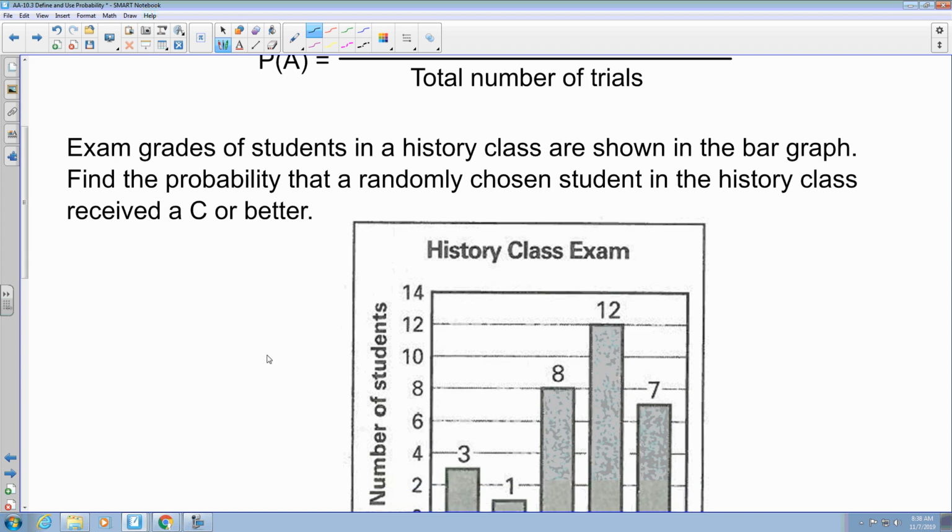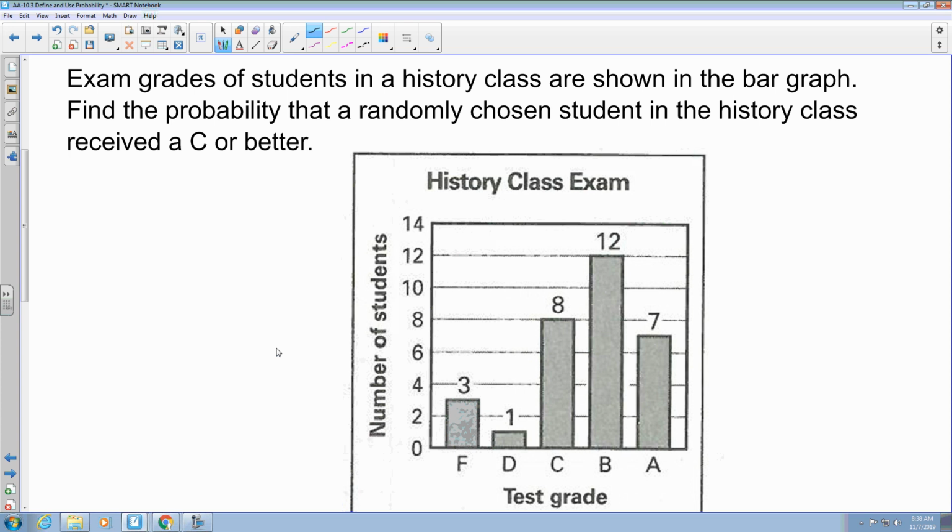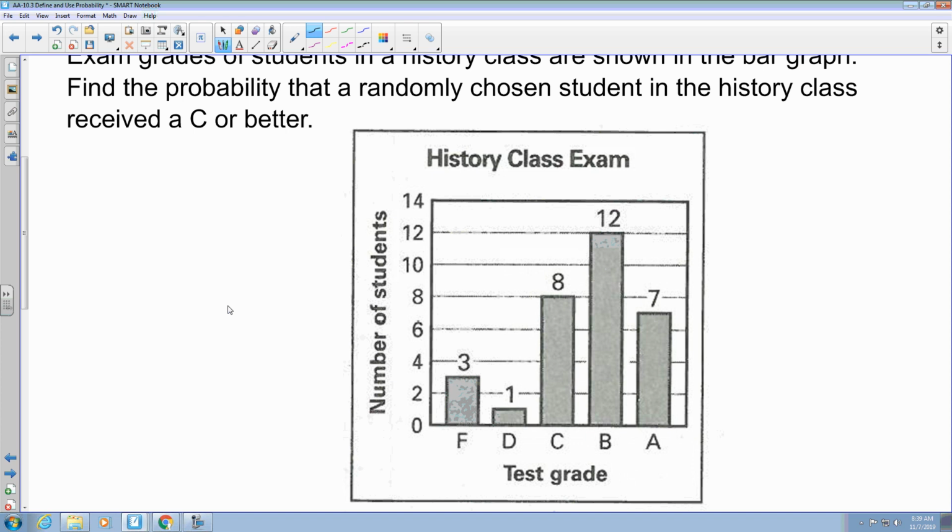So here we have, it says, exam grades of students in a history class are shown in a bar graph. Find the probability that a randomly chosen student in the history class received a C or better. So we have our chart here. Everything that was a C or better is here, here, or here.